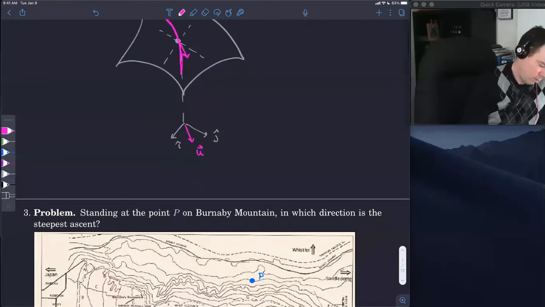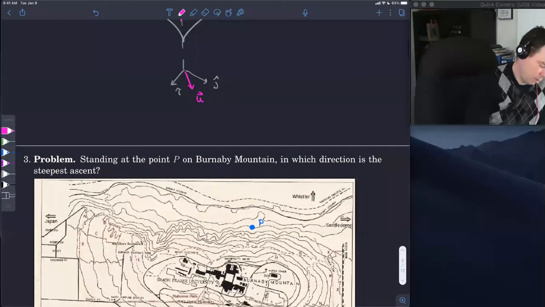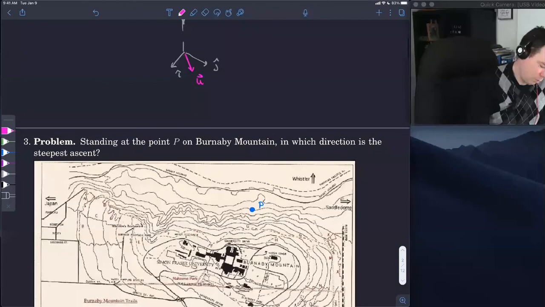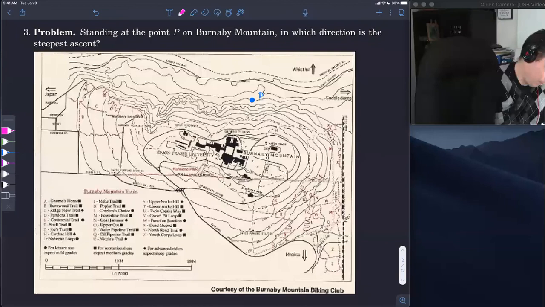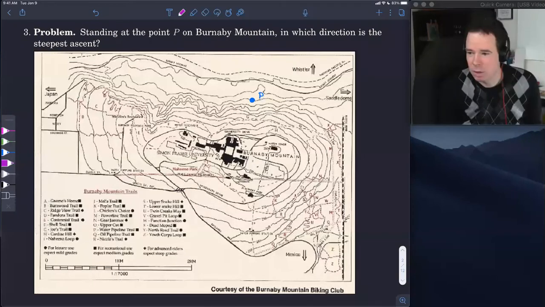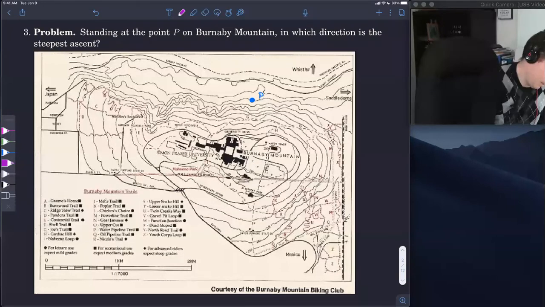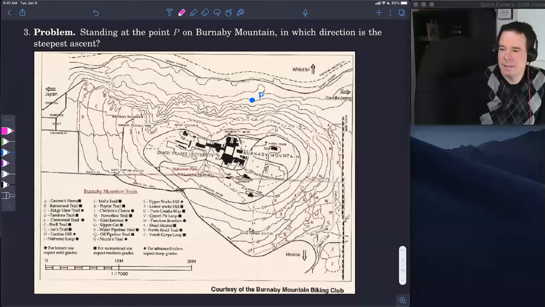Okay. This is closely related, as we will see, with the idea of a topographical map and trying to infer from it some information about steepness and maximum steepness. So imagine you're on Burnaby Mountain climbing up one of the sides of the hills, and you're at this point P. Which direction is the steepest ascent?